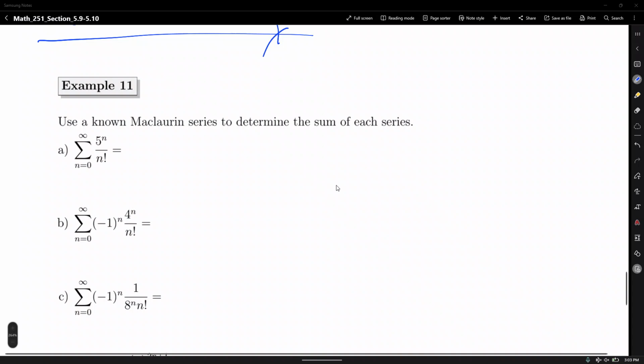So for this example right here, we're going to use a known Maclaurin series to determine the sum of each series. Okay, so this time we don't see any x's here in the series. Also, those series look a lot more like the series we did in the previous few sections in which we were finding whether they converge or diverge.